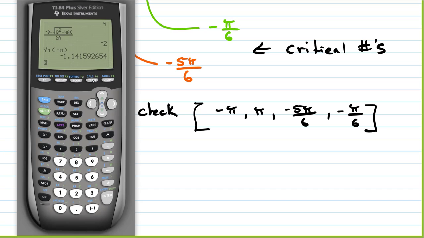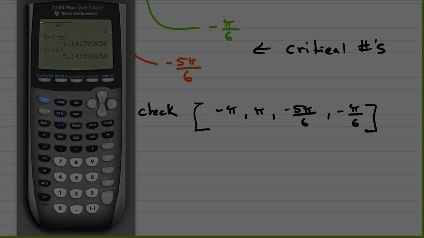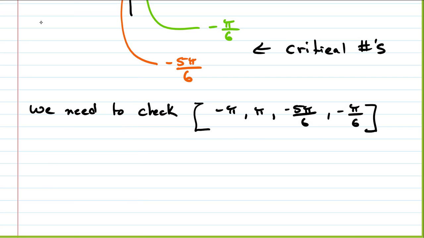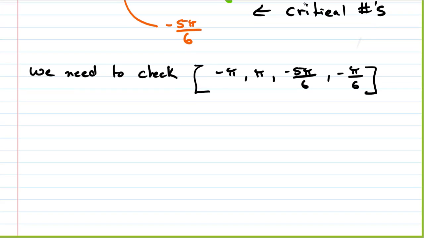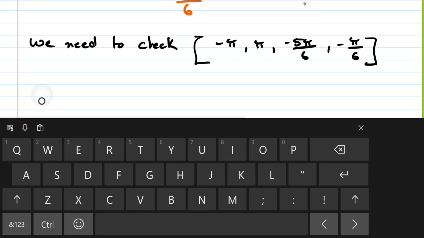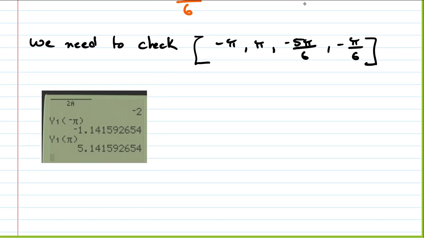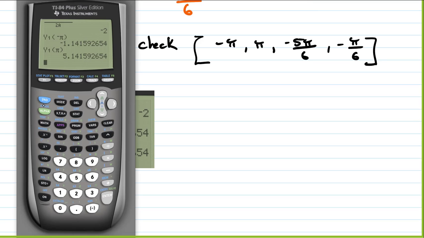It gives us this, alpha trace, and then we're going to do the same thing with positive pi. And then we need to check our other two values, negative 5 pi over 6 and negative pi over 6.